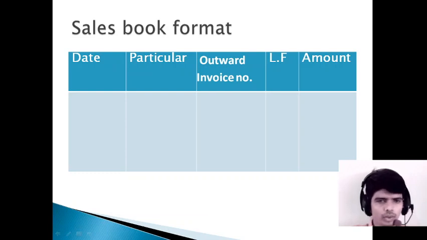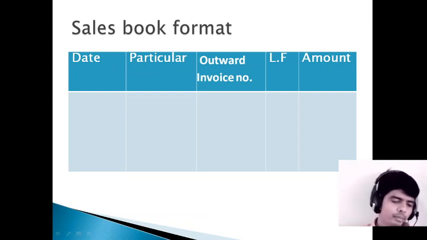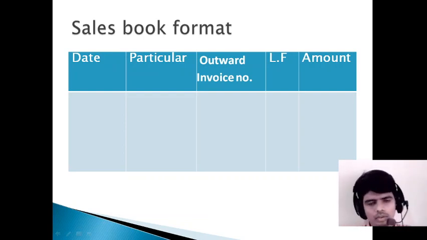Whatever the invoice number is, 1, 2, 3, whatever it is, and LF, ledger folio. Then the amount, how much credit sale has happened from the XYZ organization or entity. This is the format of the sales book: date, particulars, outward invoice number, LF, amount.